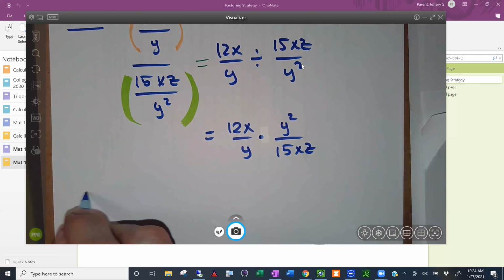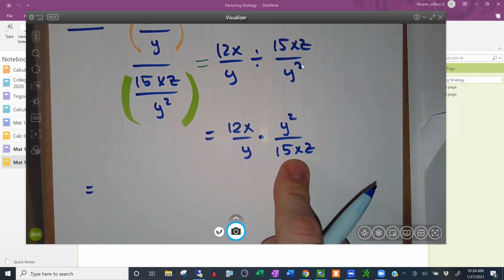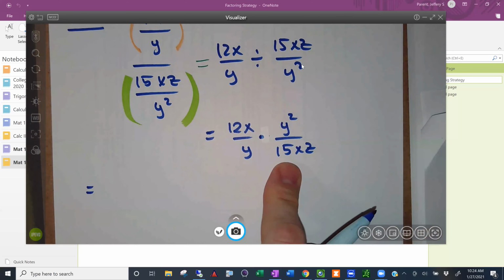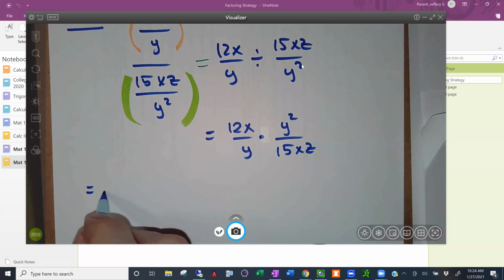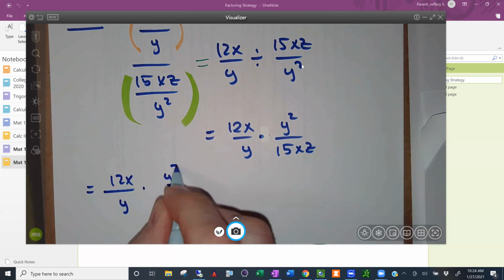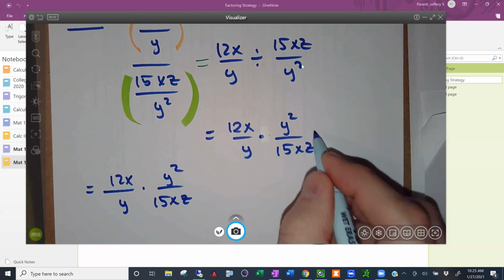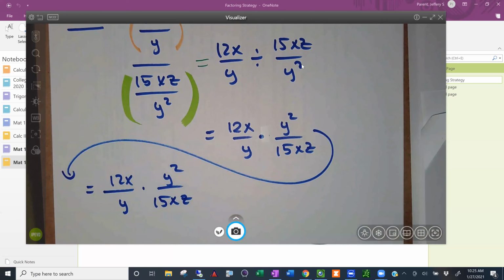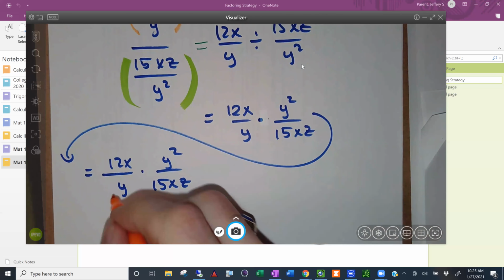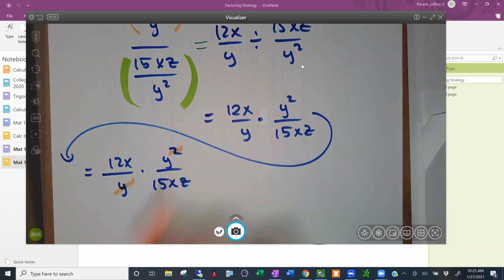Now I can simplify things. I don't need a common denominator to divide or multiply. So I'm just going to copy the problem over here and then do my simplification and cancellation. Let's see what can go. Well, I can get rid of one of the y's.